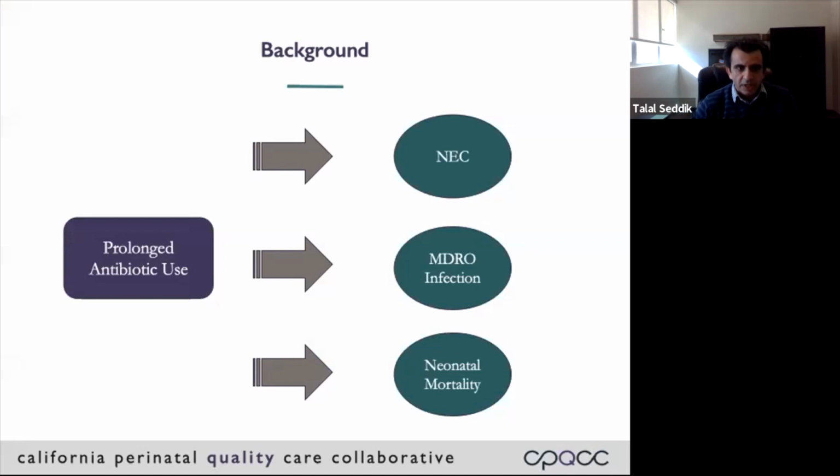We know from studies that prolonged antimicrobial use in the NICU is associated with higher rates of necrotizing enterocolitis, higher rates of multi-drug resistant infections, and is generally associated with neonatal mortality. So that's why it's important to have some sort of antimicrobial stewardship, and that's how it ties into HAI prevention in general. Next slide.